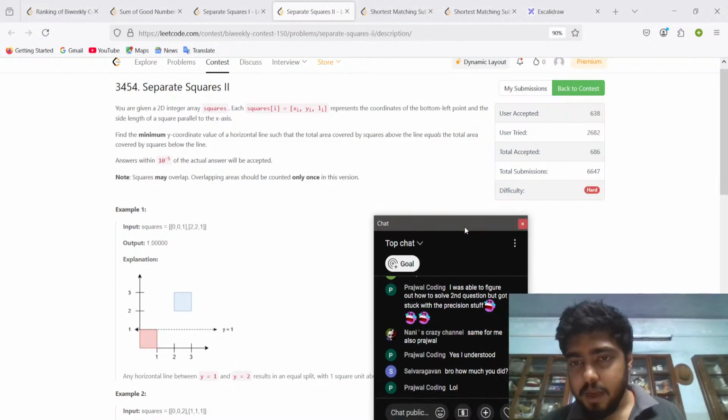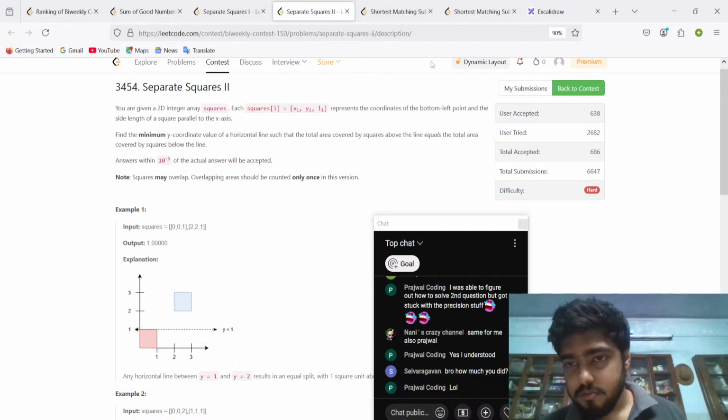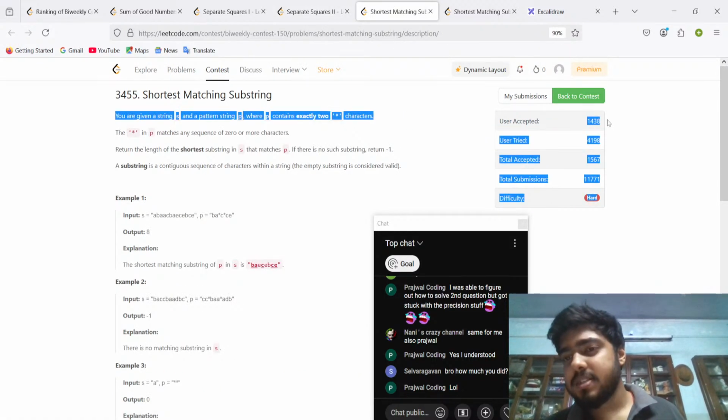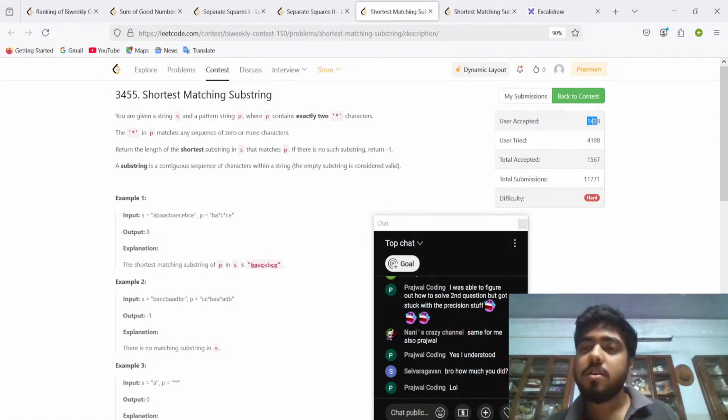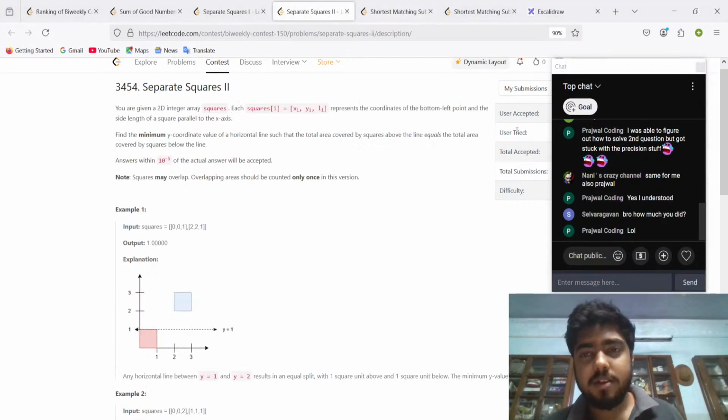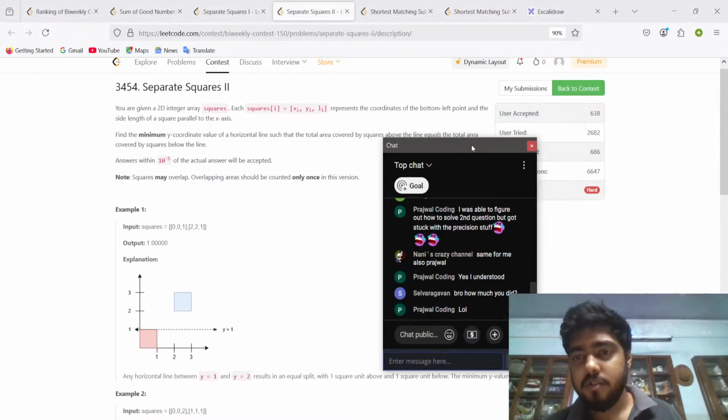But I'm really amazed to see that there are 686 submissions over here with 638 users. This is 1438, still okay because ChatGPT can code the Z function for you, but there were so many valid conditions for this one. Don't know.